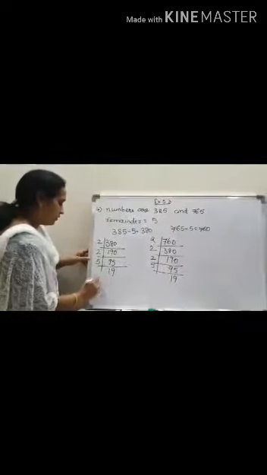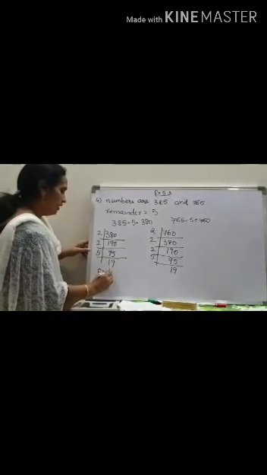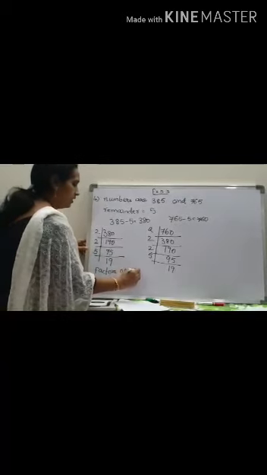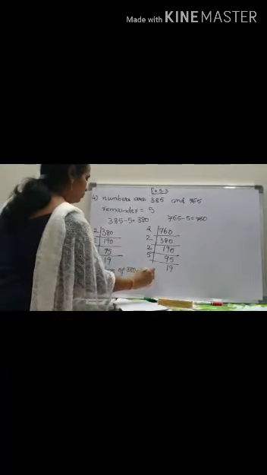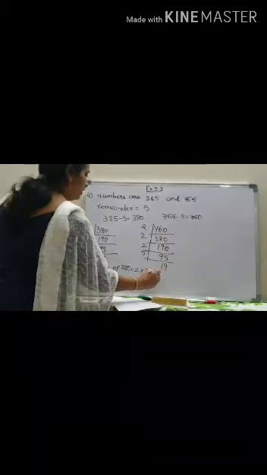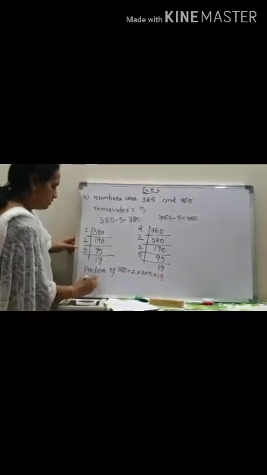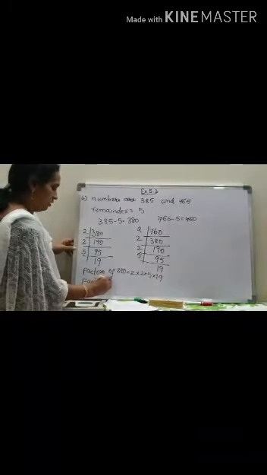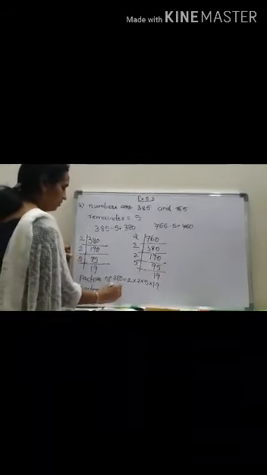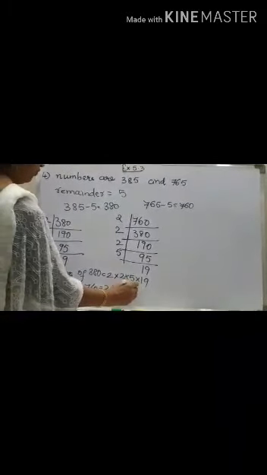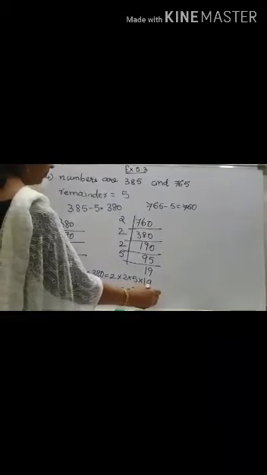So we'll write the factors. Factors of 380 is equal to 2 into 2 into 5 into 19. Again, factors of 760 is equal to 2 into 2 into 2 into 5 into 19.